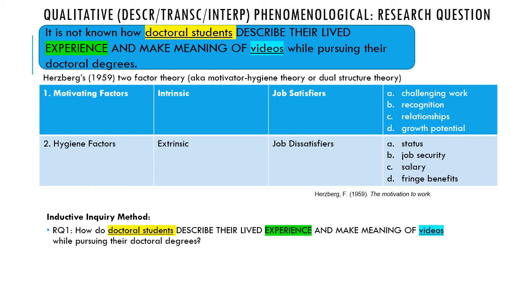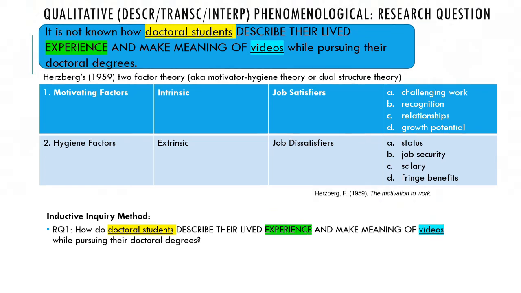And buried in that is the research question. How do doctoral students describe their lived experience and make meaning of videos while pursuing their doctoral degrees? I imagine at this point that we've done four of these, you can see this similar pattern where the research problem has in the middle of it the research question.